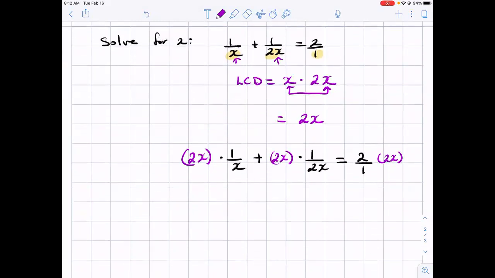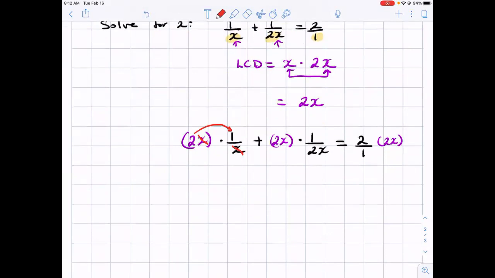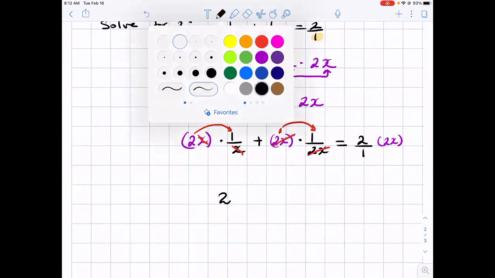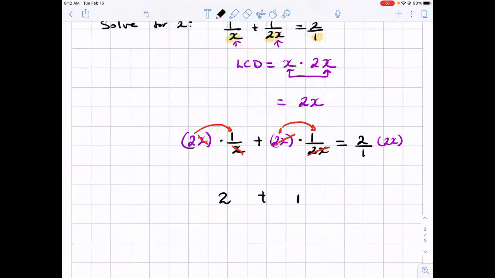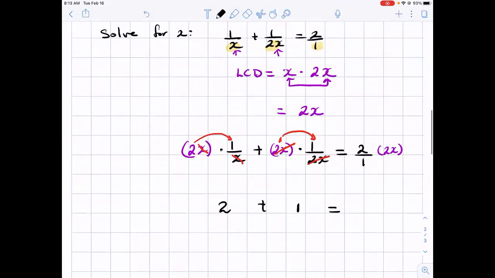Now, as always, the denominators must cancel, so notice that this x will cancel with that x, leaving you with 2 times 1, and that is 2. In this case, the 2x will cancel with the 2x, it's a 1, so 1 times 1 is 1. And that's equal to, in this case here, there's really nothing in the denominator, so 2x times 2 becomes 4x.